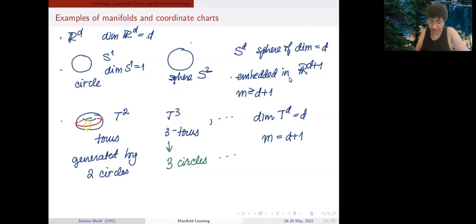Let me give you another example of a manifold that will appear in our examples. This manifold is a subset of R^D, but then it's deformed in space.